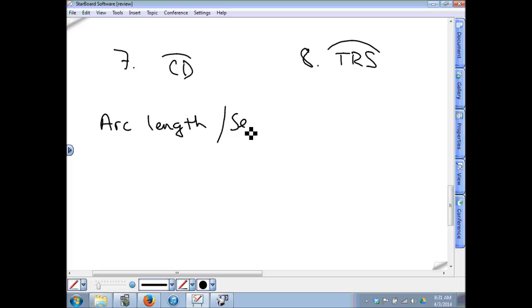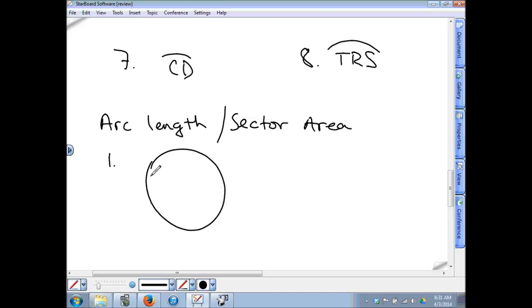Arc length, sector area. This is what you guys had on the quiz last time while I was gone. That's a 285-degree angle.